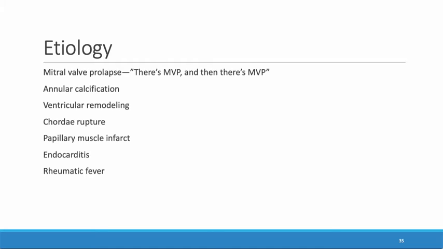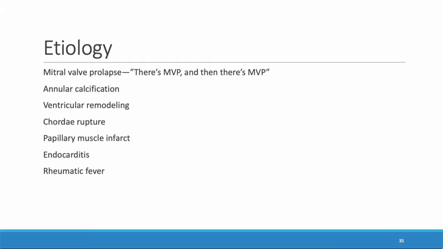And we know that that person may well go on to a flail mitral valve leaflet, or a flail problem at the place where the attachment to the muscle happens. There are different degrees of mitral valve prolapse. So severe mitral valve prolapse is one of the ways that you can develop mitral regurgitation.